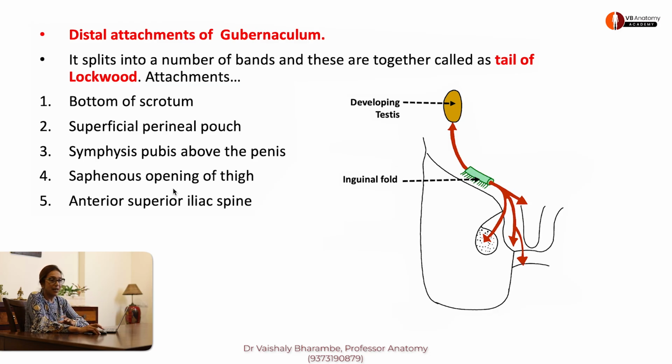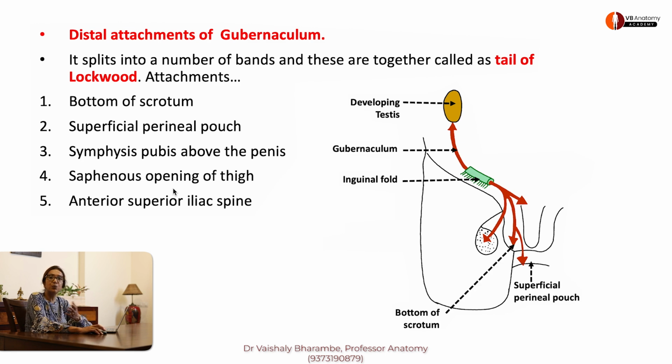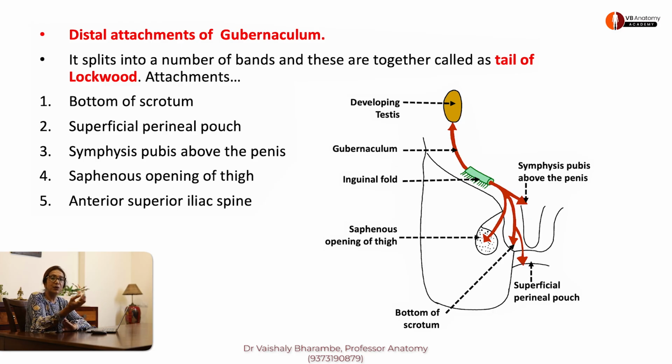Where does it get attached? Of course, to the bottom of the scrotum. It can get attached to the superficial perineal pouch, to the base of the penis, to the saphenous opening, to the anterior superior iliac spine. Basically, Gubernaculum comes down and splits like that.